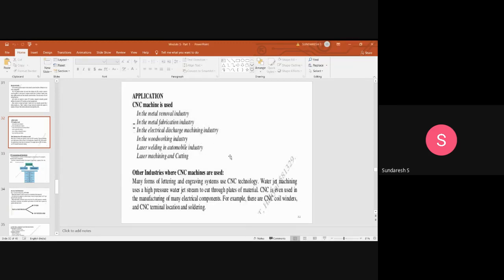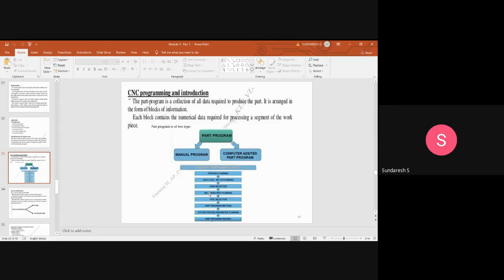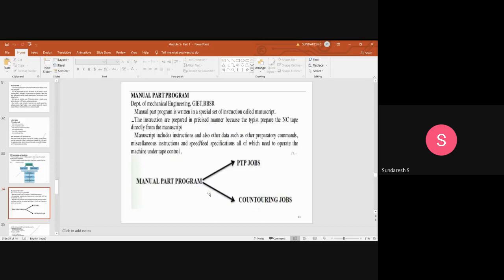The different applications we can get in CNC machines and other industries where CNC machines are used include lettering and engraving systems, water jet machining, and even the manufacturing of many electrical components, for example CNC coil winders or CNC terminal location and soldering. So there are so many applications you can have.